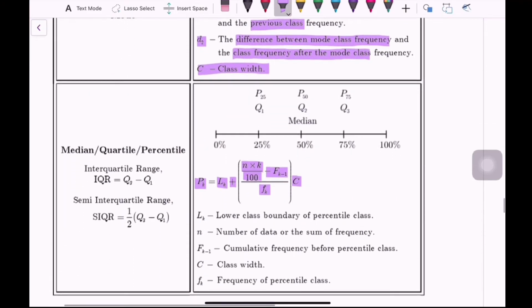For median, quartile, and percentile, we use the formula for PK. P stands for percentile.